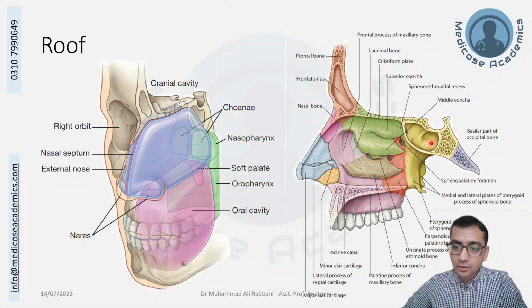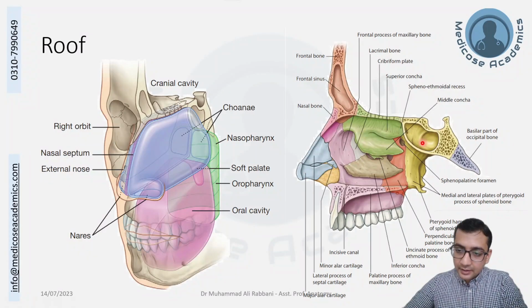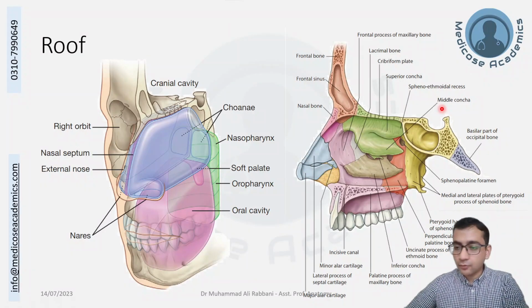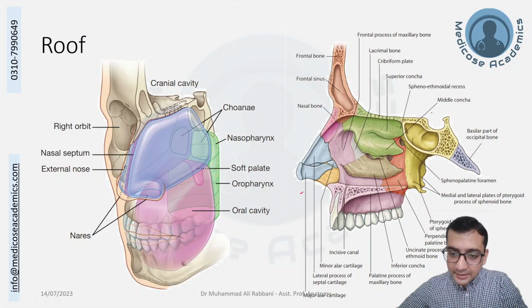We are not discussing the sphenoid bone individually, but just for the sake of discussion, you can see on the top aspect there is the fossa for the pituitary gland on top of the sphenoid. So the nasal cavity provides an ideal pathway to reach the pituitary gland.